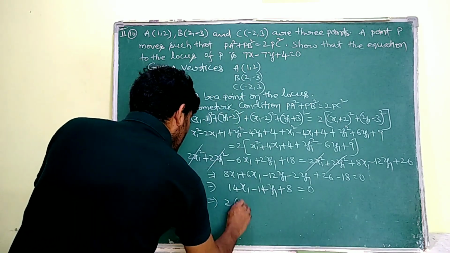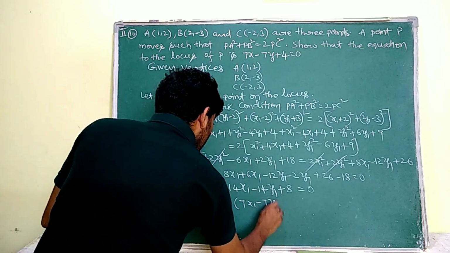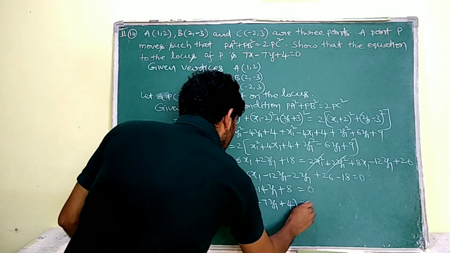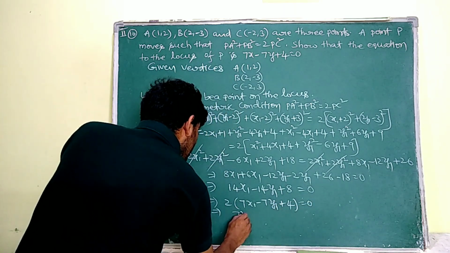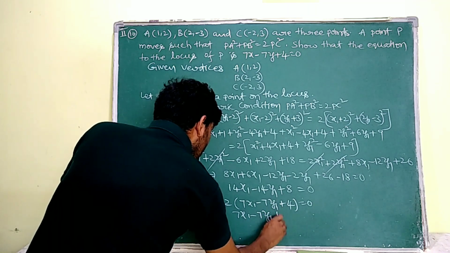By taking 2 as common, 7x1 minus 7y1 plus 4 is equal to 0.